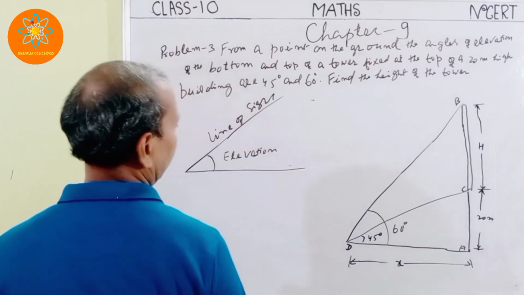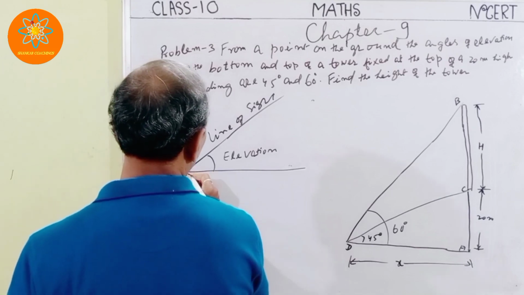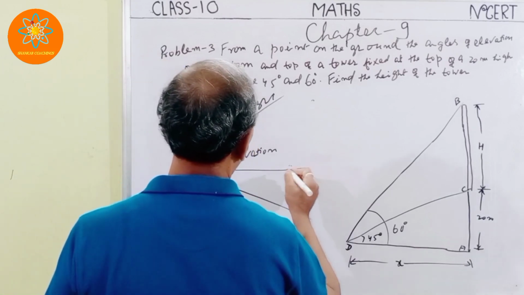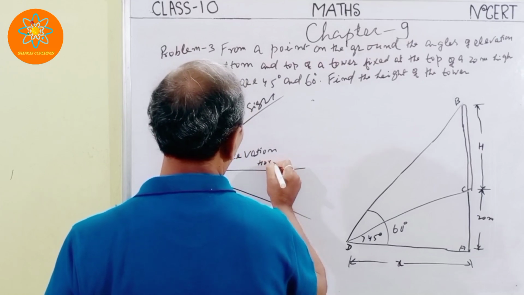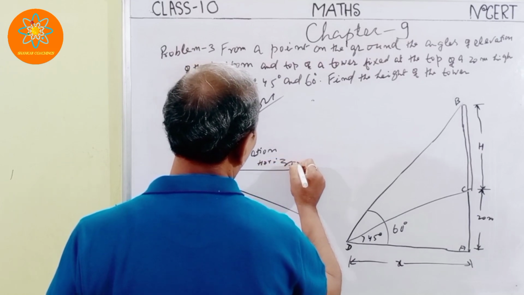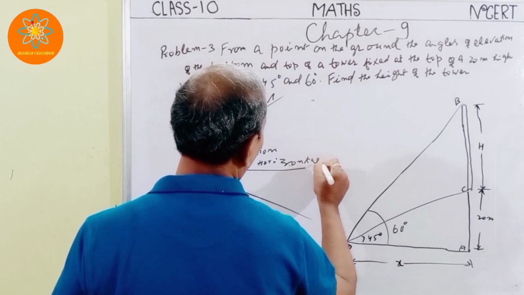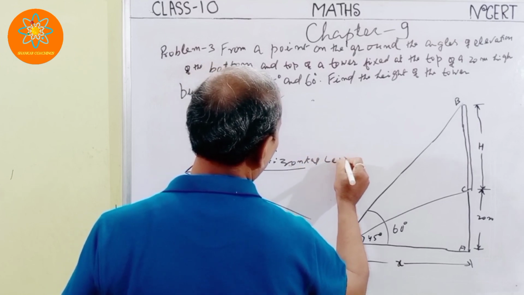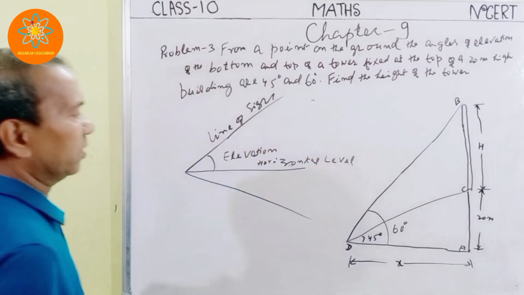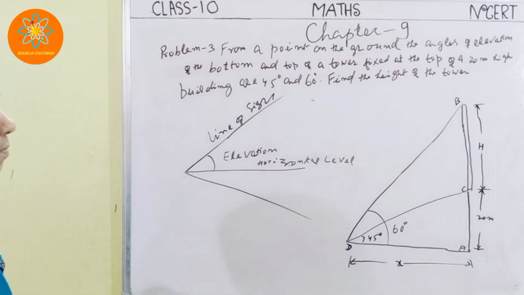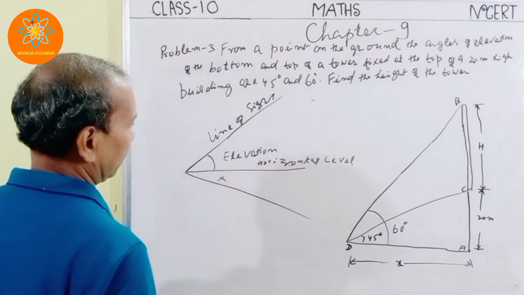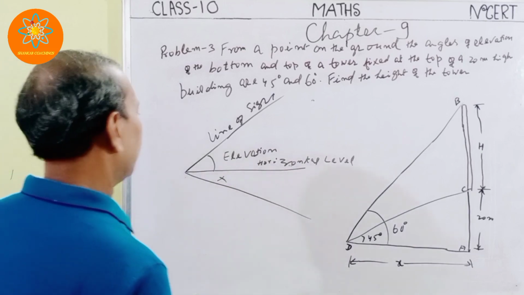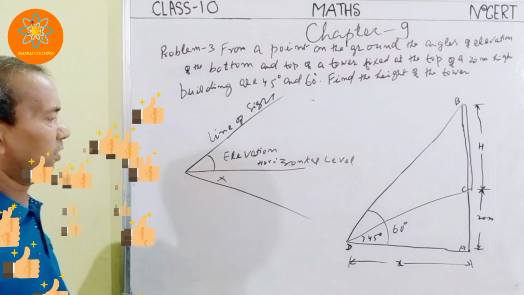And this is the horizontal level. We have to find the elevation.